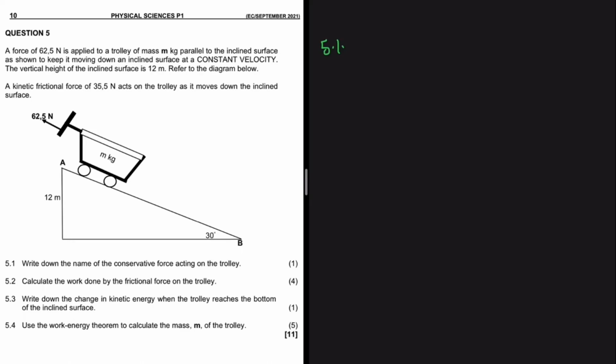Here, the only force acting on this trolley as it moves down the incline at a constant velocity is gravitational force. And we can move to 5.2.